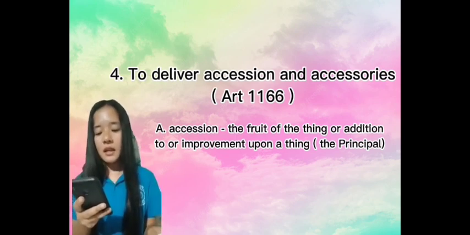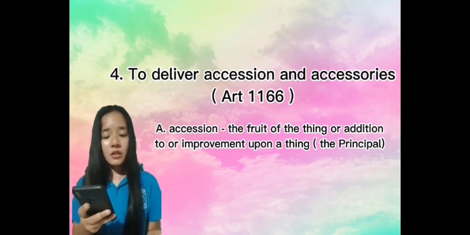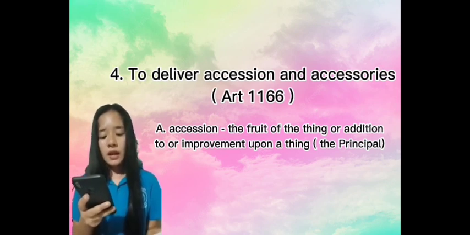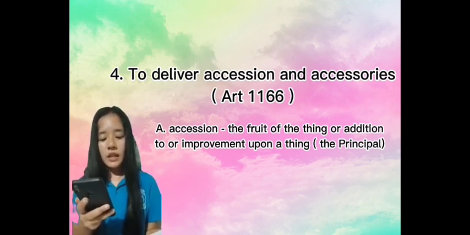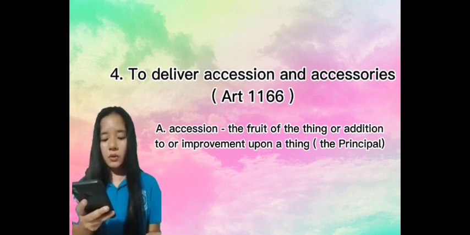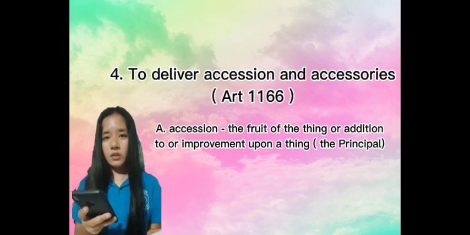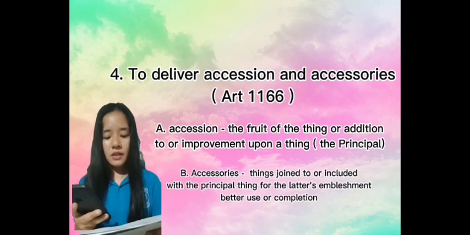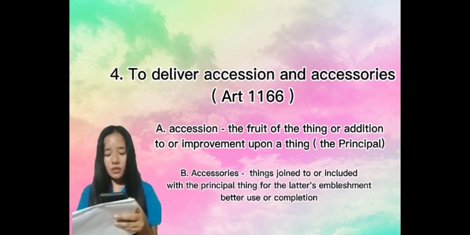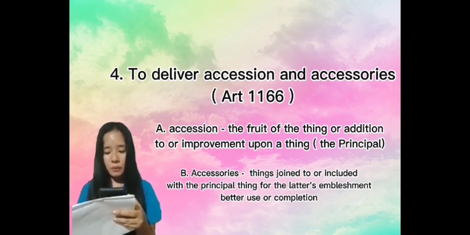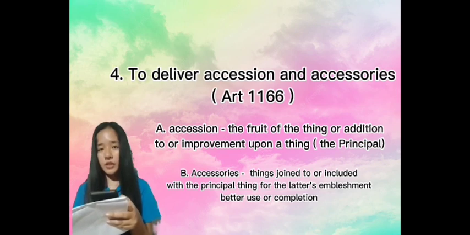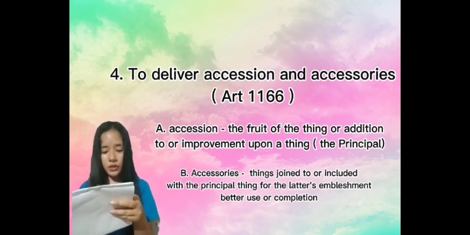Accession discreta is the right to the fruits. Accession continua includes both accession natural and accession industrial, in which one builds, plants, or sows on the land of the landowner. B. Accessories: things joined to or included with the principal thing for the latter's embellishment, better use, or completion.